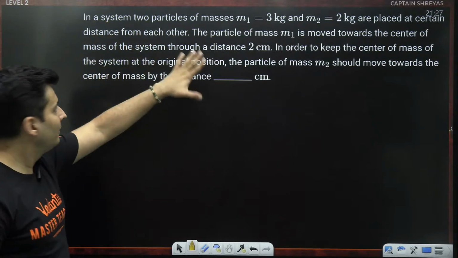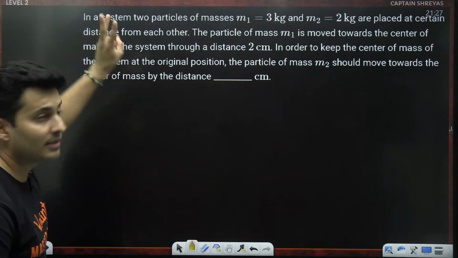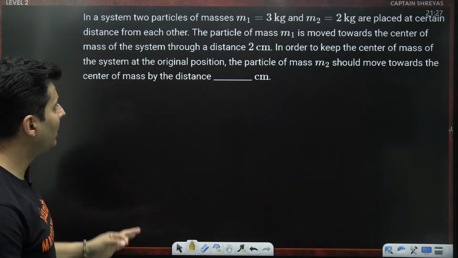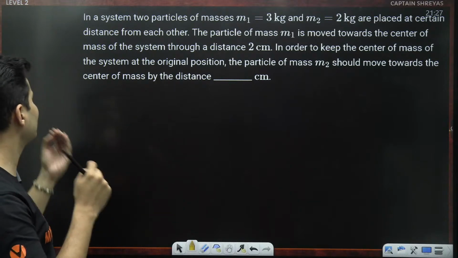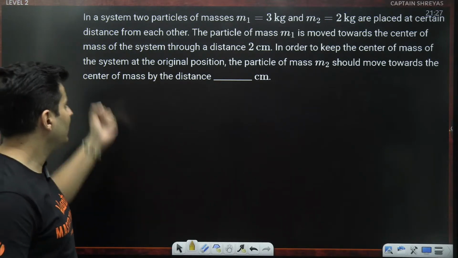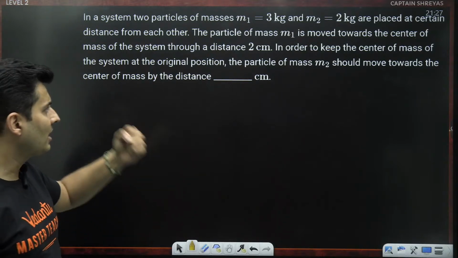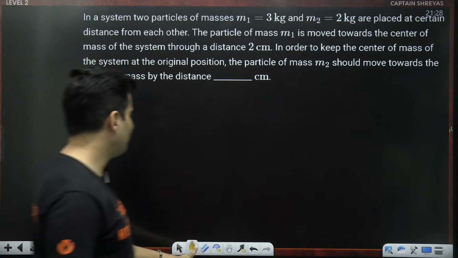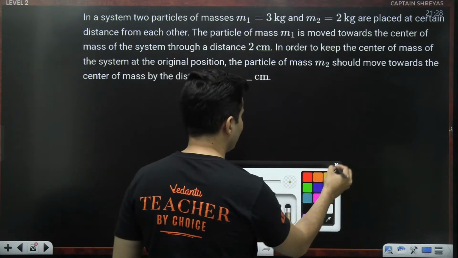In a system of two particles, masses 3 kg and 2 kg, placed at certain distance, the particle of some mass is moved towards the center of mass of the system through a distance of 2. In order to keep the center of mass at the same place, how much should you move the other mass towards the center of mass by how much distance? Okay, so let's understand this.